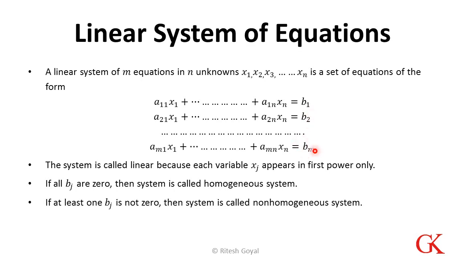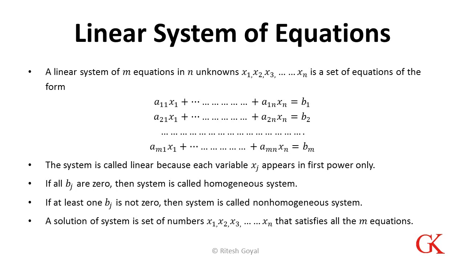If any of them is non-zero, then it's a non-homogeneous system. Is that clear? Again, we are having unknowns in a linear order, meaning only a single power. That's why it's a linear equation. We are having multiple equations. It's a linear system. If these bj's are 0, it's homogeneous. If any of bj is not 0, it's non-homogeneous.